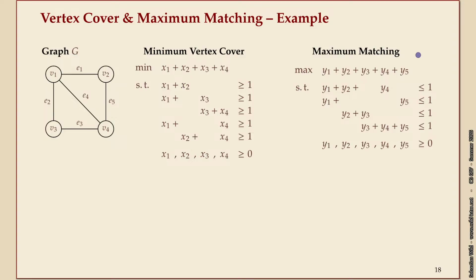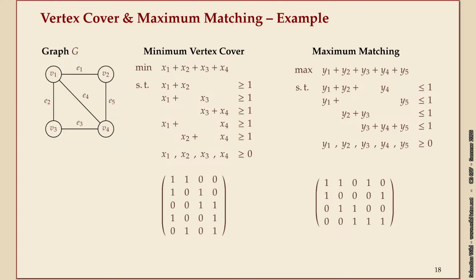And for maximum matching, you have a variable for each edge, and then you have a constraint for each vertex. For example, vertex B1 has E1, E2, E4, and so the matching constraint says their sum cannot be more than 1. And again, you can see from the structure they're exactly dual.